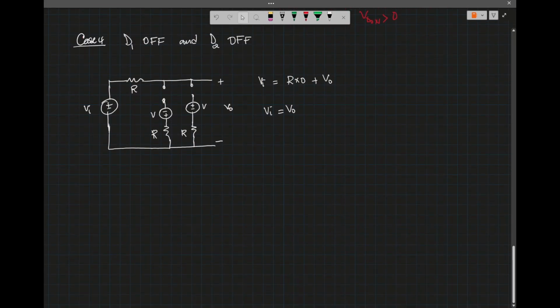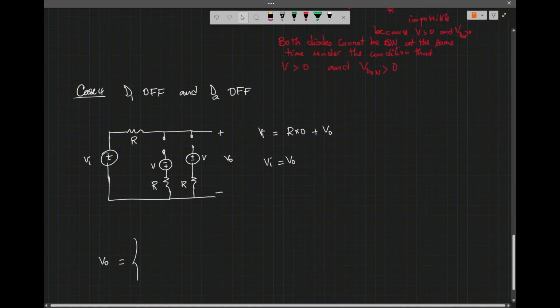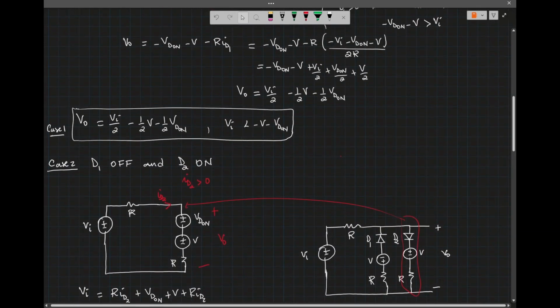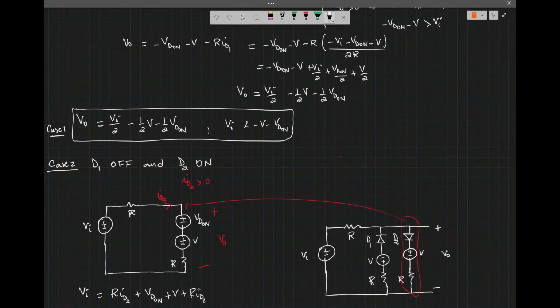So let's recap. V0 will be equal to, so case 1, this is what we have. I'm going to copy that down there.